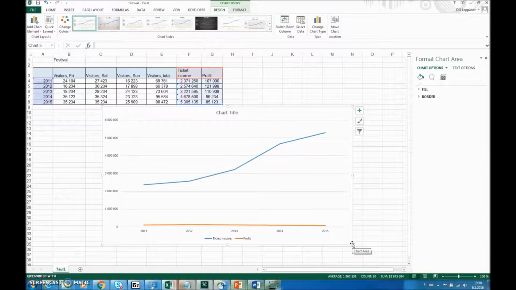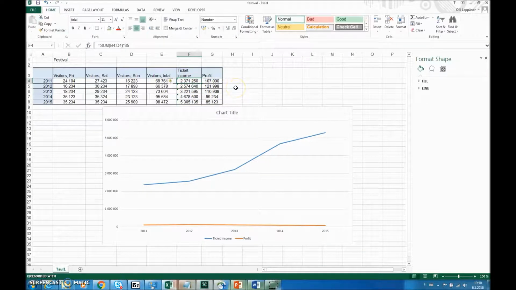What is the problem? If we take a look at the numbers, we can see that the ticket income has almost or over doubled from 2011 to 2015, as the chart shows us. But the profit number looks like it has stayed the same for all of the 5 years.